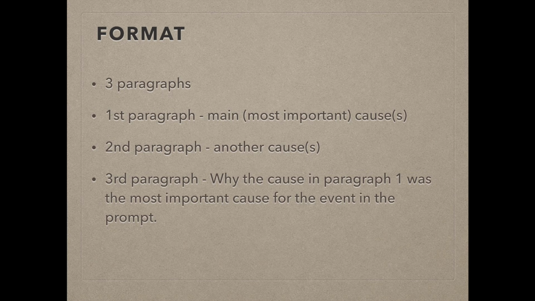So quick recap, 3 paragraphs. First paragraph would be what you think is the most important cause, describe the cause, link it back to the event in the prompt, do that with the second cause for your second paragraph, and then wrap it up with evaluating why your cause in paragraph 1 was the most important cause for the events in the prompt.